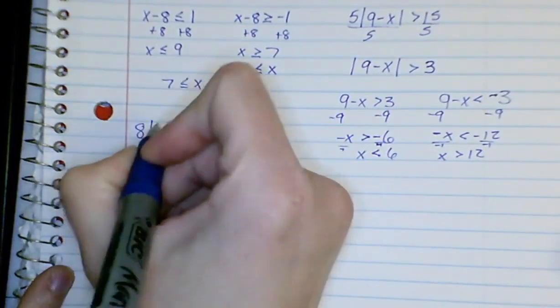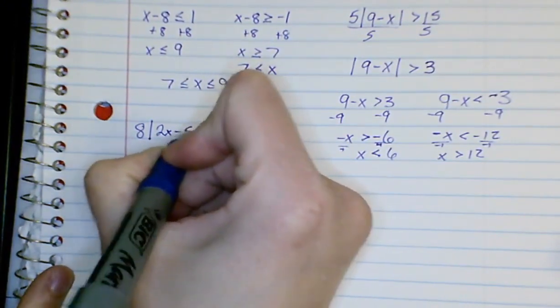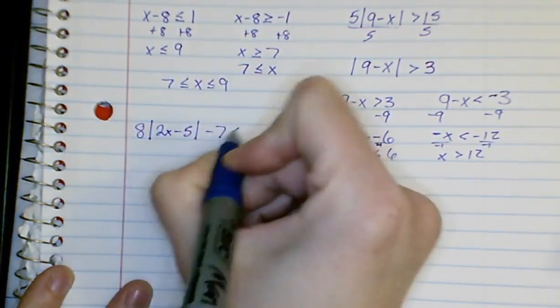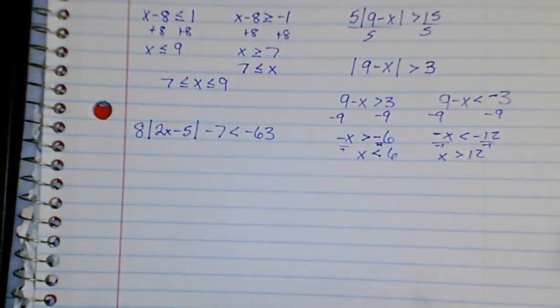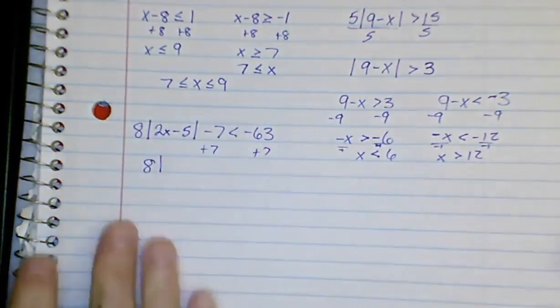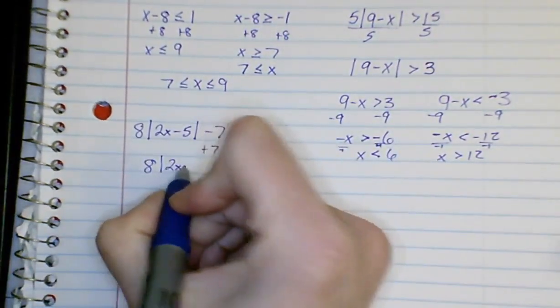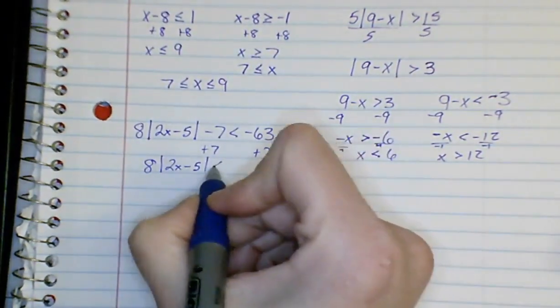8 times the absolute value of 2x minus 5 minus 7 is less than -63. So add the 7 to both sides, because we have to isolate the absolute value before splitting it up into two inequalities.